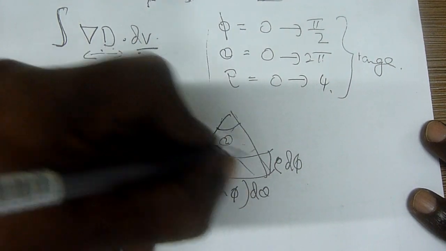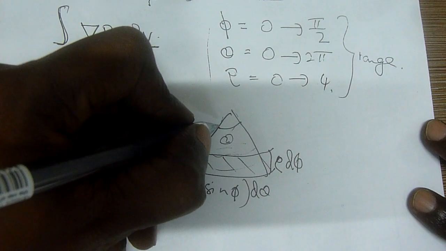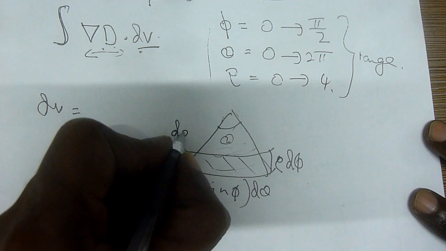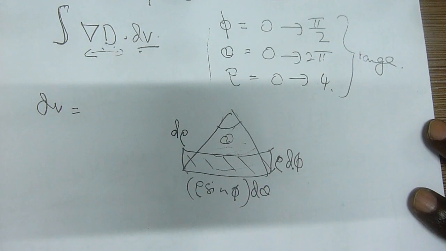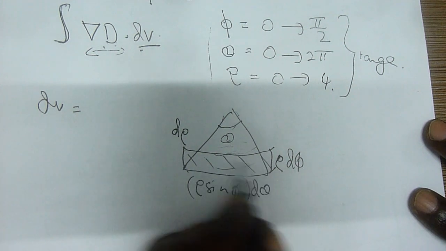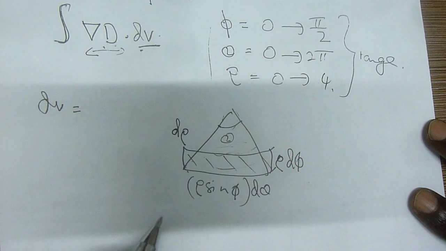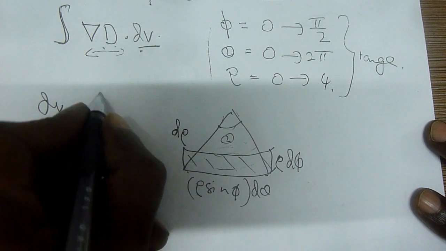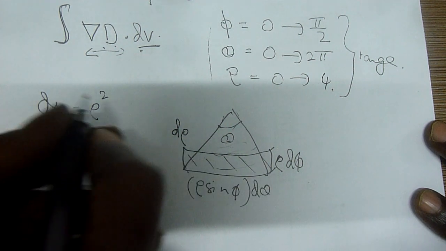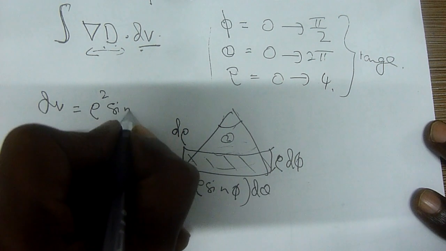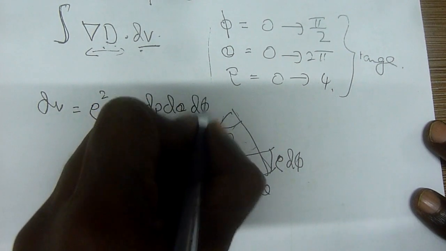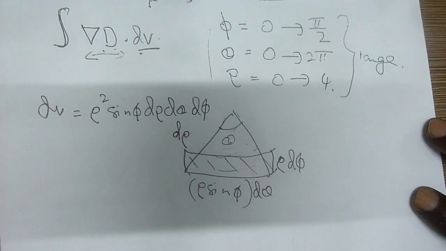In this particular case, immediately we know this will be d rho. Now we combine all this together. We go inside, and we can identify that as rho squared sine phi d rho d theta d phi. Done.